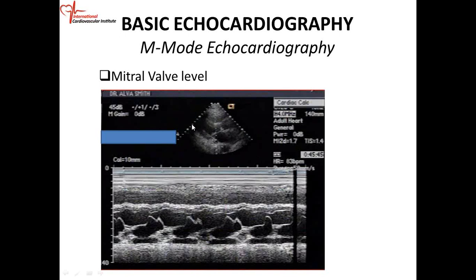That is why they had to stick the ice pick, because they're getting these pictures. Imagine you don't have a two-dimensional echo. This is what you have. You don't know what this structure is.